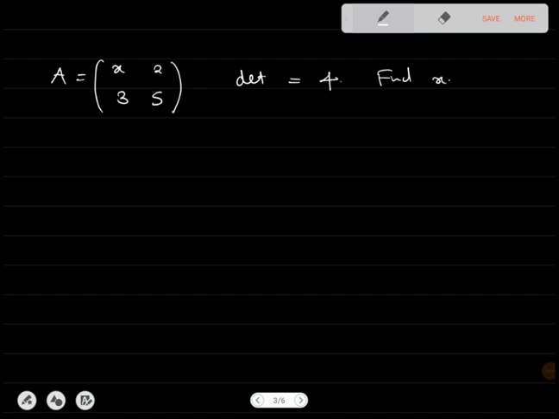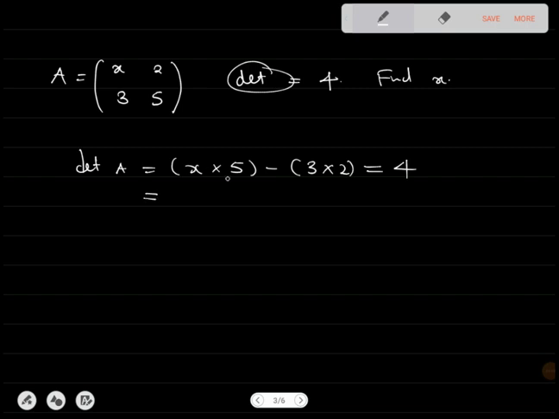Now, we are just doing the opposite of what we've been doing. First, we know that the determinant of A will be equal to x times 5 minus 3 times 2. But this should be equal to 4 because we have been given the determinant. Then we can find the missing x here.